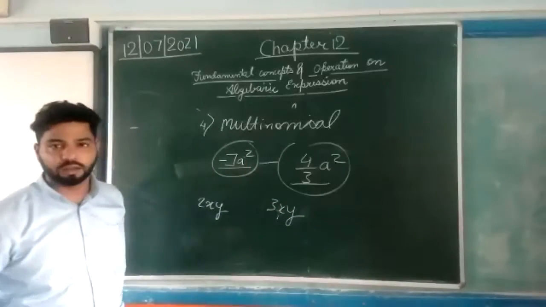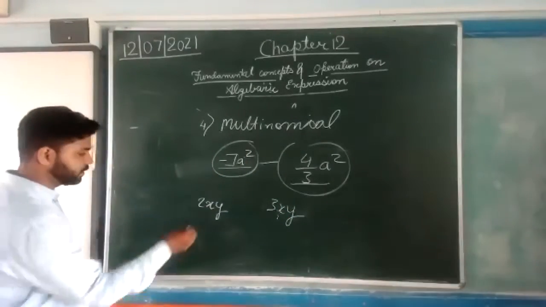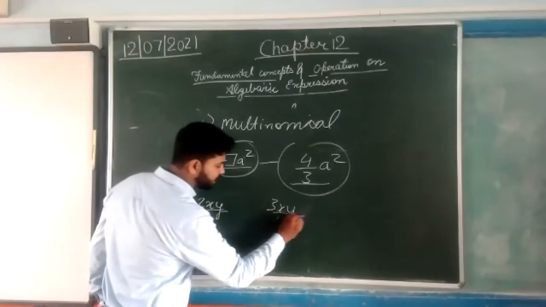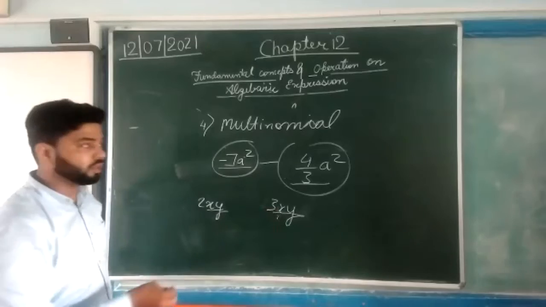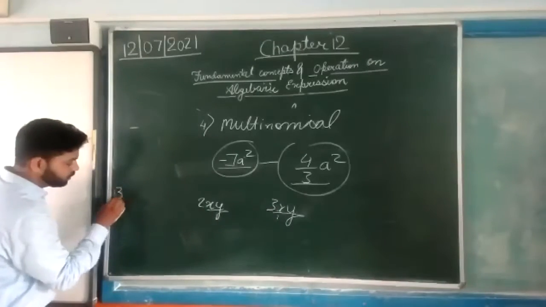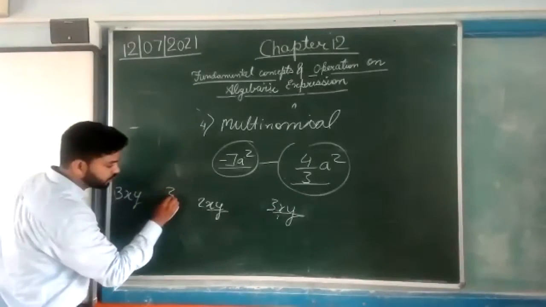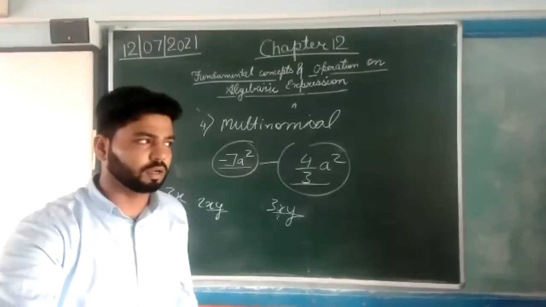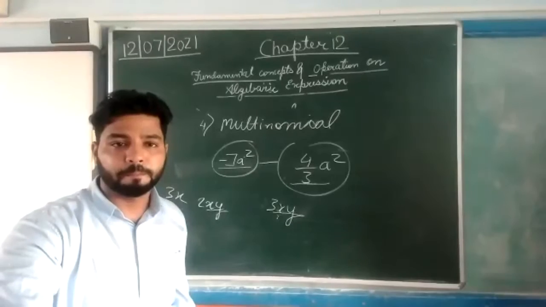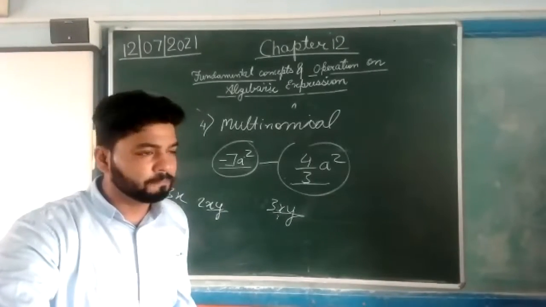These both are like terms because they both consist of xy. So we can solve like terms only. We can't solve 3xy and 3x, they are not like terms.